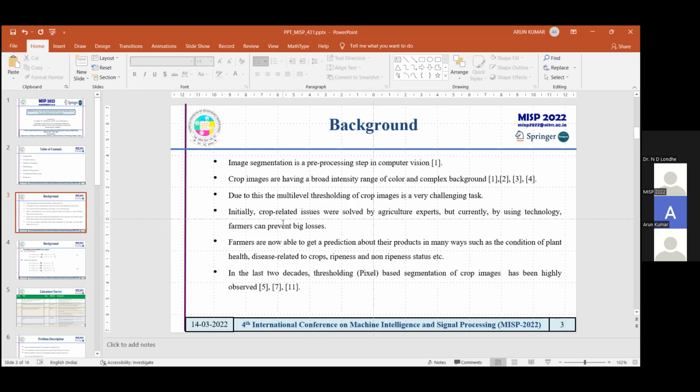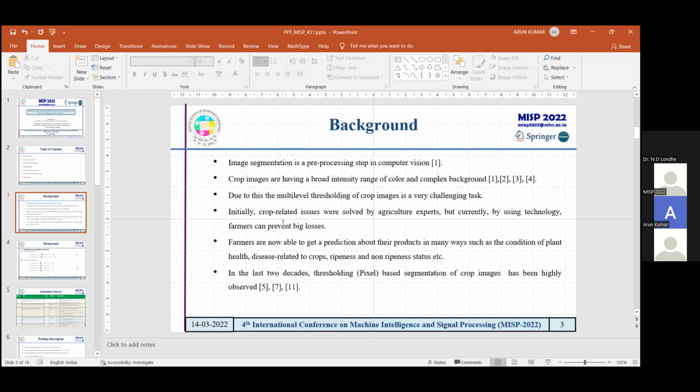In the initial days, various issues in crops were resolved by agriculture experts. But nowadays, by using technology, farmers can prevent big losses and predict their products in many ways, such as finding the conditions of plant health, diseases related to the crops, and ripeness and non-ripeness status.